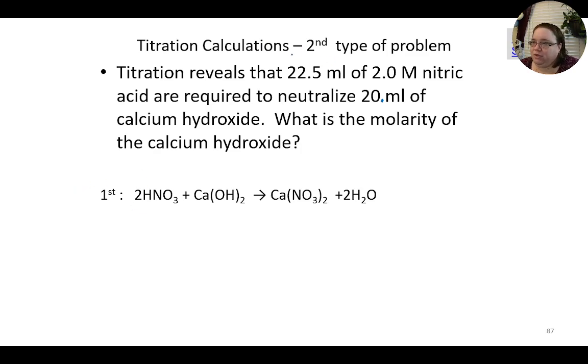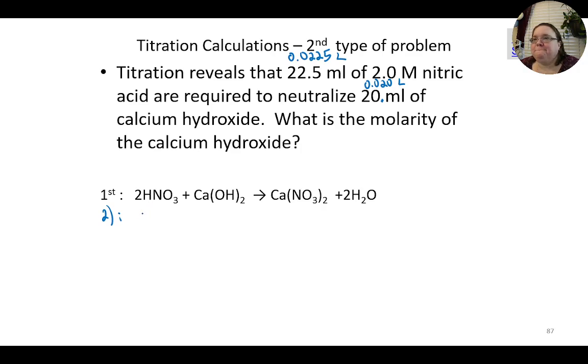I can't play with milliliters, so I'm going to turn this into liters. So that 22.5, I've got to divide by 1,000. In fact, I'm going to go ahead and do that to both and just turn them into liters so I have them on the page.